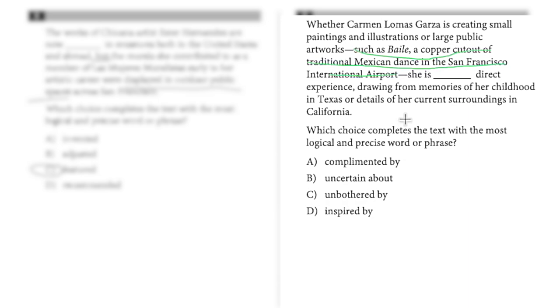So basically, when she's creating small paintings or large artworks, she is blank direct experience, drawing from memories of her childhood in Texas or details. So if she's drawing from her memories, what is she doing with direct experience? She's using it. She's drawing from her direct experiences. So I'm just going to say she's using or incorporating direct experience.